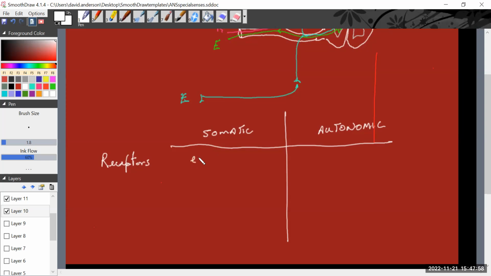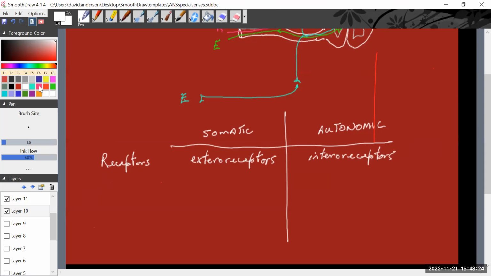Those were the ones that measured external environmental factors: pain, temperature, touch in the environment. And our receptors for the autonomic nervous system are inside the body. So those were our interoceptors.